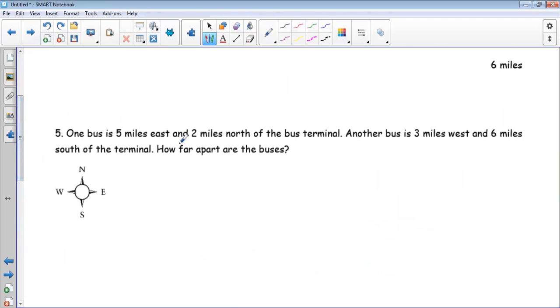One bus is 5 miles east and 2 miles north of the bus terminal. Another bus is 3 miles west and 6 miles south.